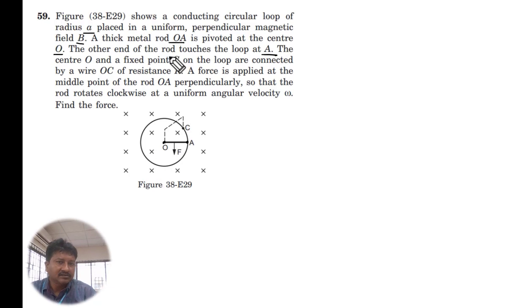The center O and a fixed point C on the loop are connected by a wire OC of resistance R. A force is applied at the middle point of the rod OA perpendicularly so that the rod rotates clockwise at a uniform angular velocity.